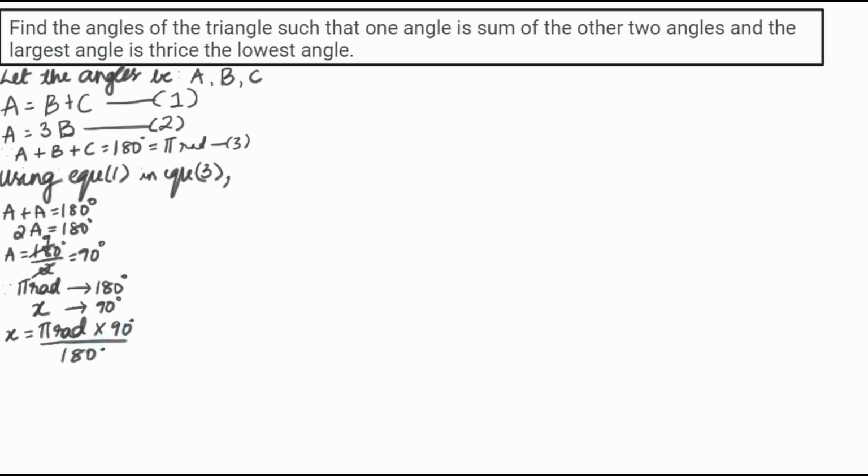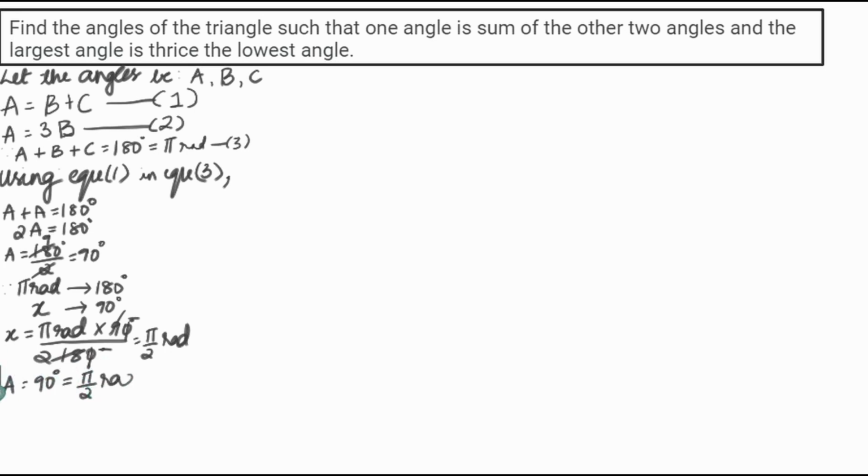So the degree units cancel out each other, 9 into 2 is 18, so we get pi by 2 radians. So therefore, we have the first angle as A is equal to 90 degrees, which is equal to pi by 2 radians.